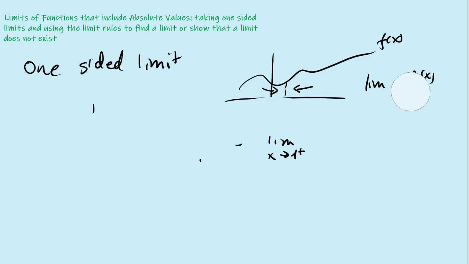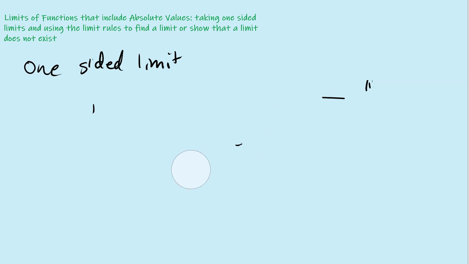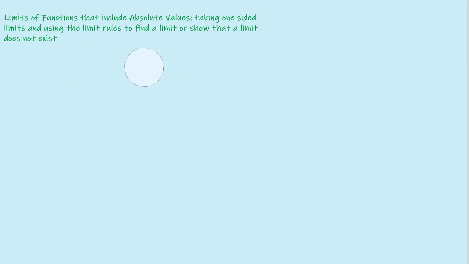So now that we had this little reminder, I'd like to focus in on the main subject of this video, which is using the limit rules and one-sided limits to look at functions that include the absolute value.